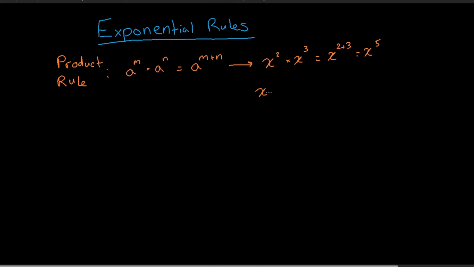That's the same as x times x, and x to the third is x times x times x, and we now have 5 x's, x to the fifth. And so I just proved the product rule.